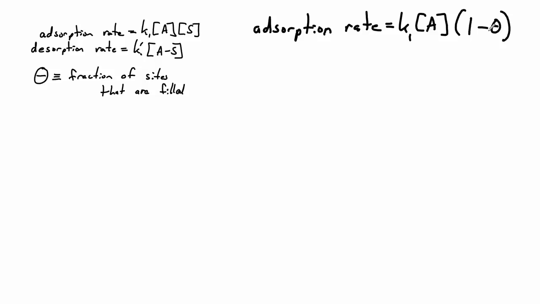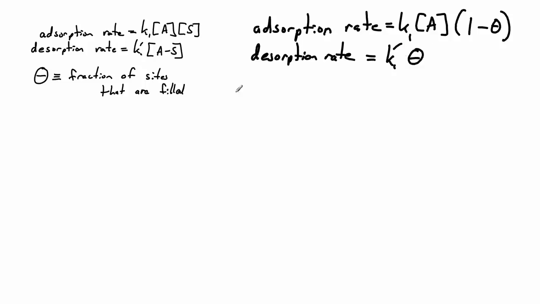So if theta is equal to 0, there's nothing on the surface, and so the entire surface is free. The desorption rate, I'm going to rewrite this equation, except we're going to replace this concentration of covered surface with just theta. Because if the concentration of covered surface is higher, the fractional coverage is higher.